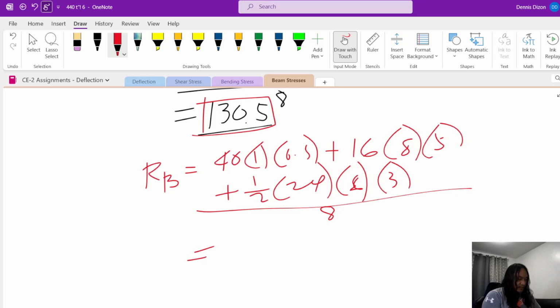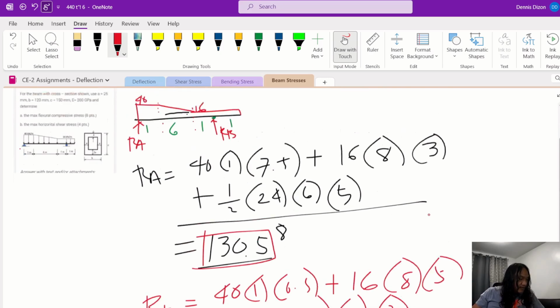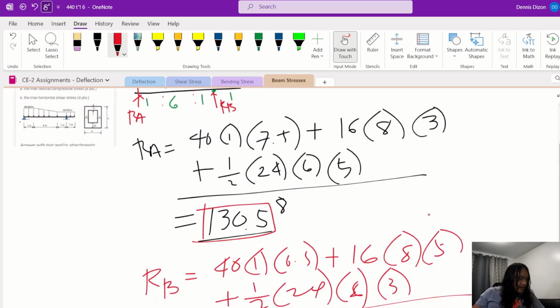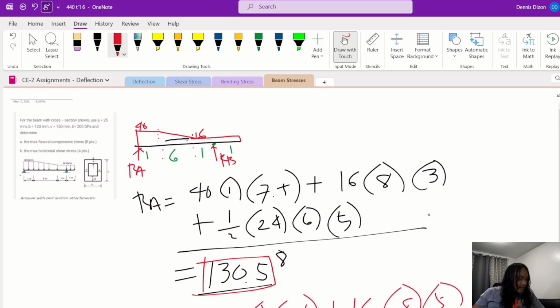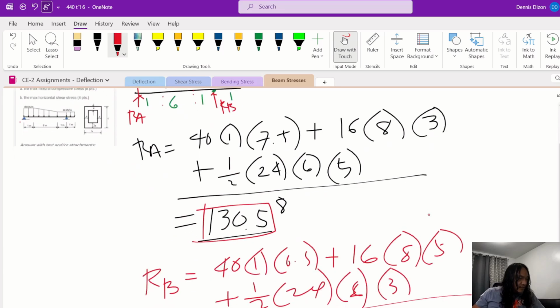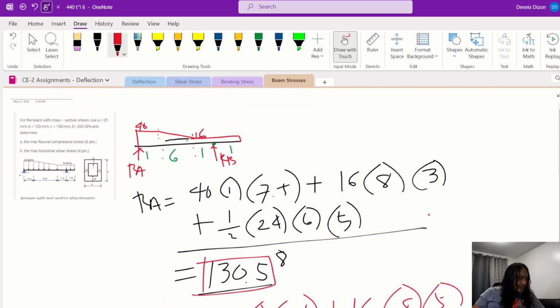Let me recompute: 40 times 1 times 0.5, and then 16 times 8, the arm is 4, times 5, then 1/2 of 24 times 6 times 3.